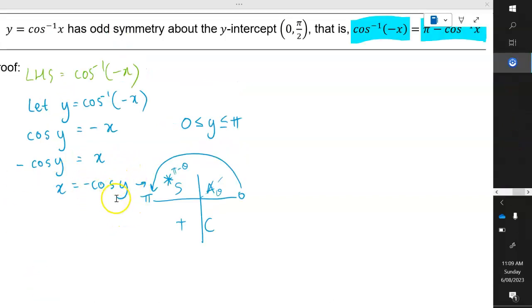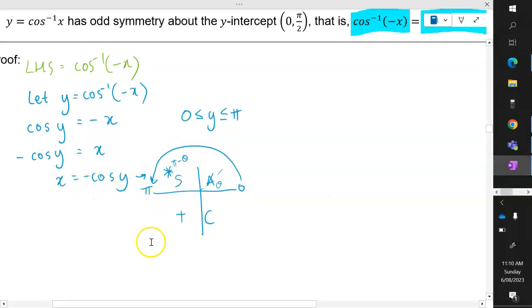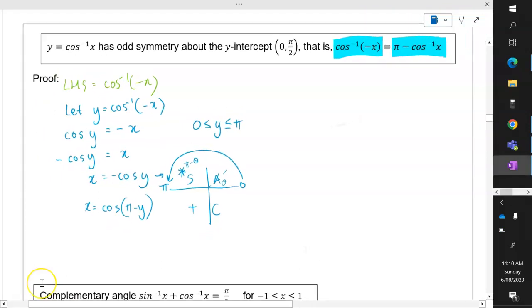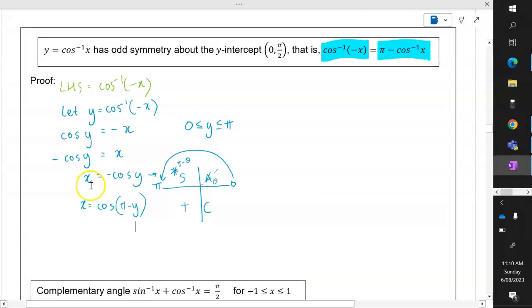Our angle though is y. So in the second quadrant, instead of having minus cos of y, x is going to be equal to cos of pi minus y. So if you're stuck here, you're going to be thinking, well, where do I need to go? I need to be thinking about the inverse, and I need to get the pi out of my brackets here.